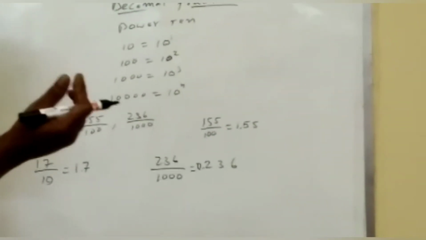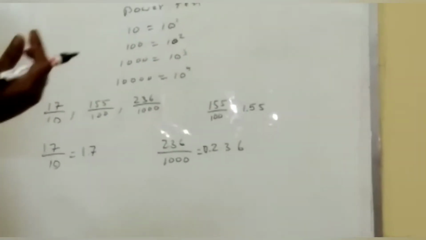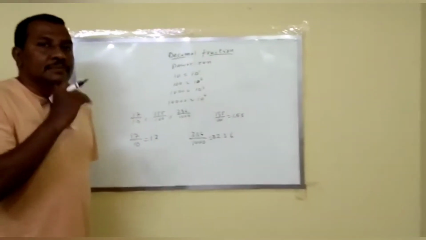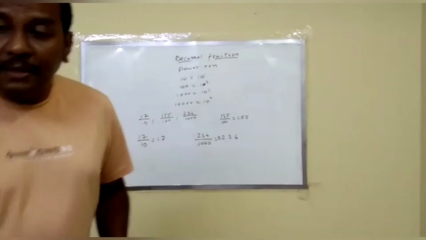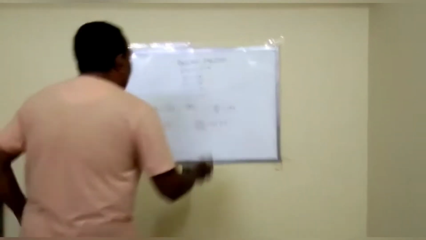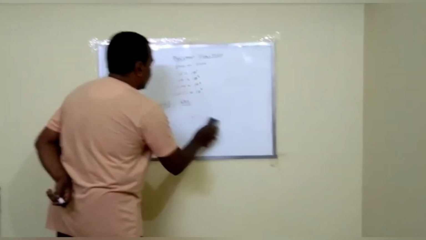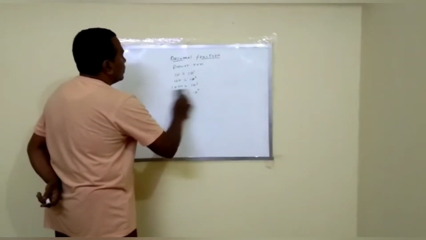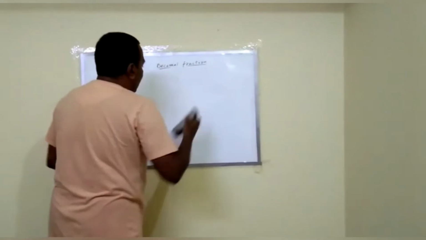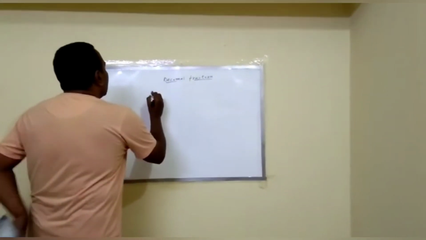Okay, you may have a doubt. Suppose the sufficient digits in the numerator do not occur, then how can you write the decimal number for that fraction? I'll show you. For example, 13 by 1000.